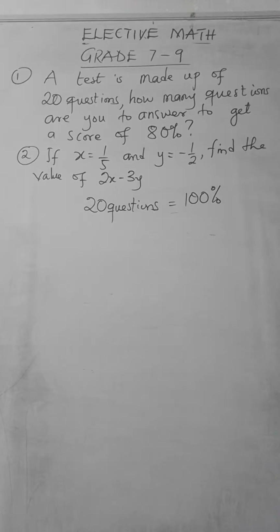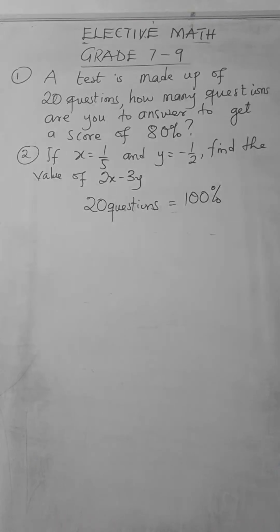So in terms of percentage, we have 20 questions being the same as 100%. Then they are saying we should look for the number of questions that you need to answer to get a score of 80%.